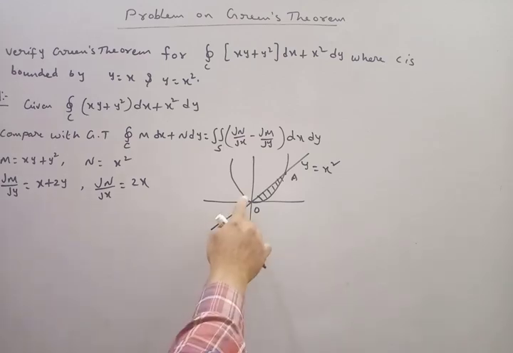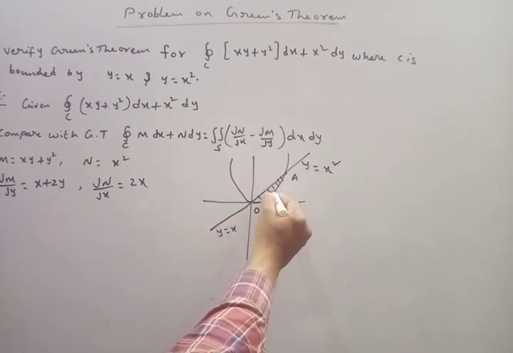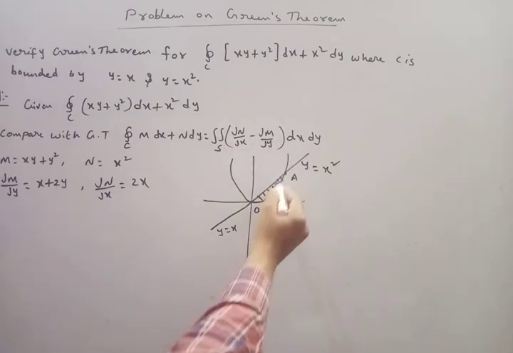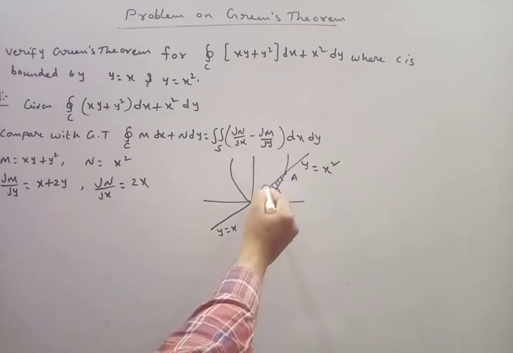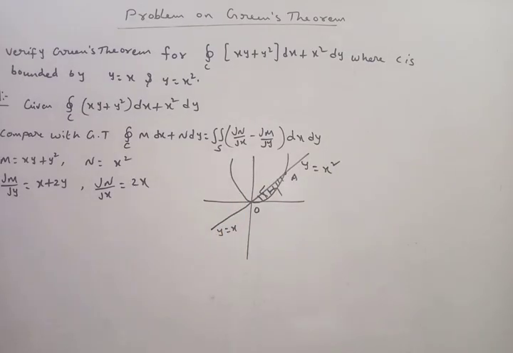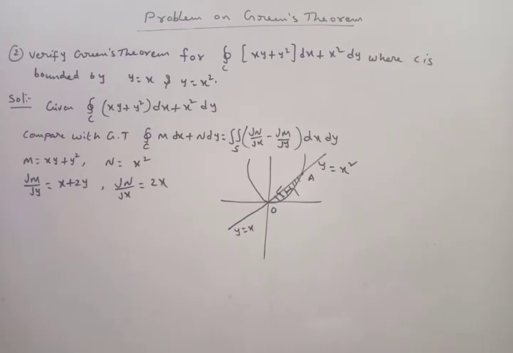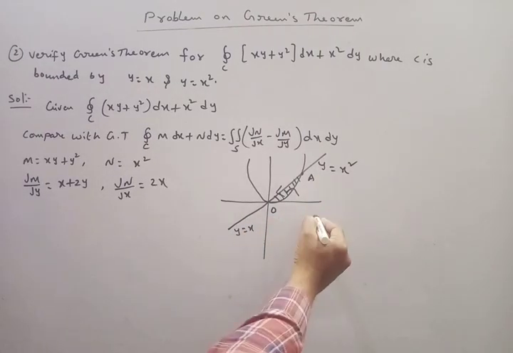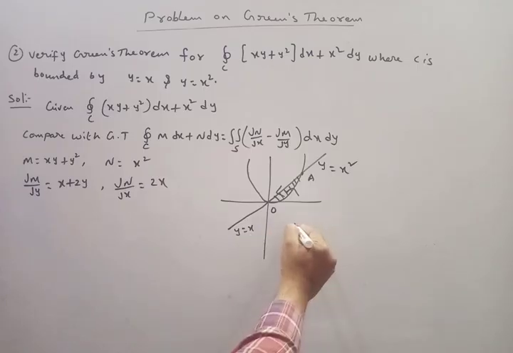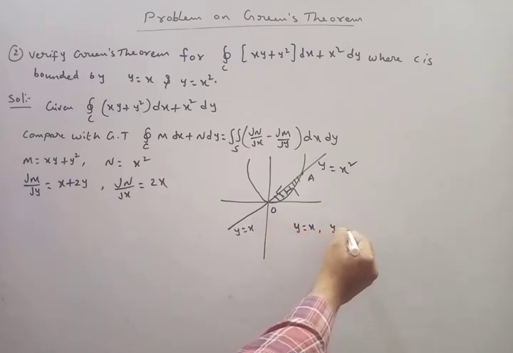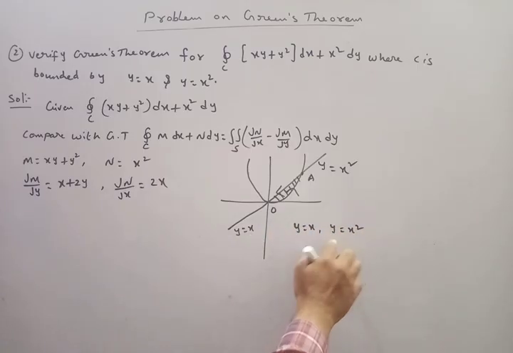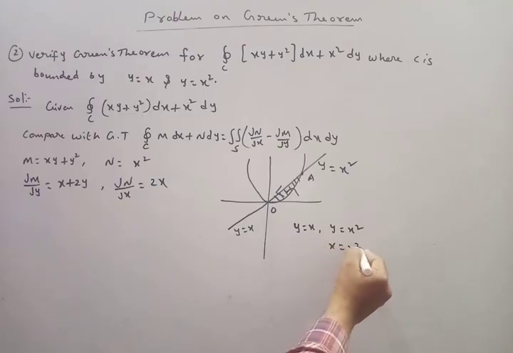So that means first we have to go from O to A, then again we have to come back from A to O. So what are the limits here? y is equal to x and y is equal to x square, right? If I substitute y is equal to x here, x is equal to x square.